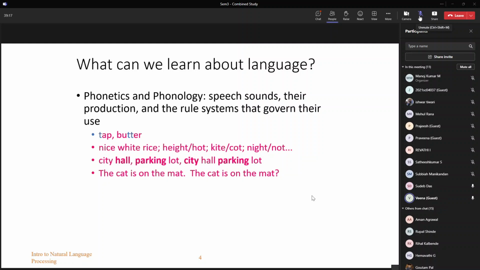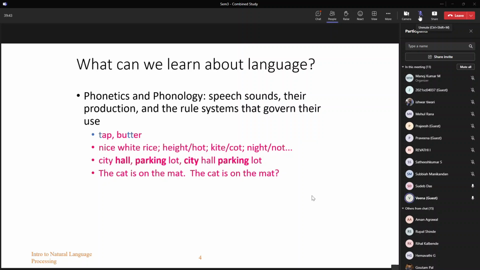When we say "city hall," the hall will have more weightage. But when we say "city hall parking lot" together, city is highlighted, and hall is not given that much priority. That's why this doubt has come now.